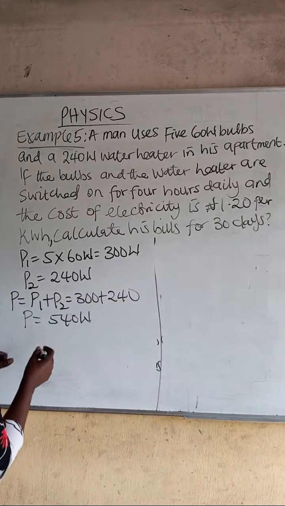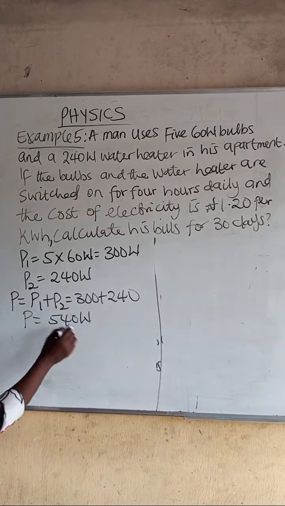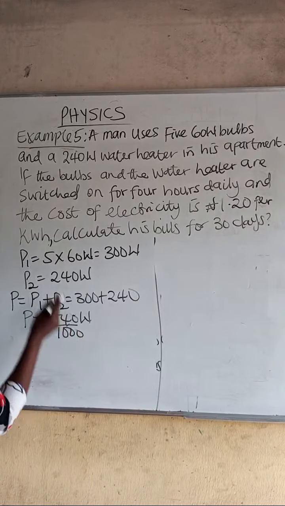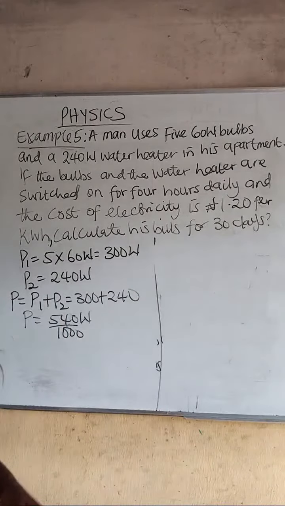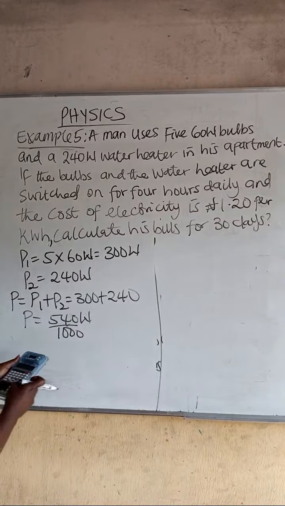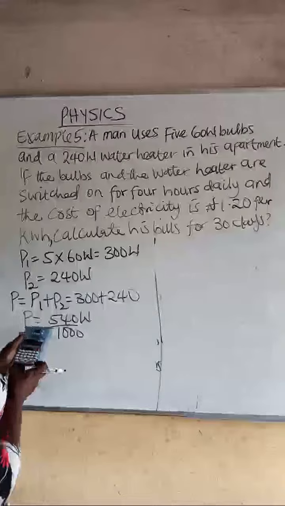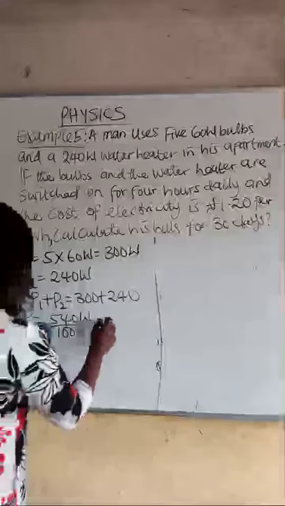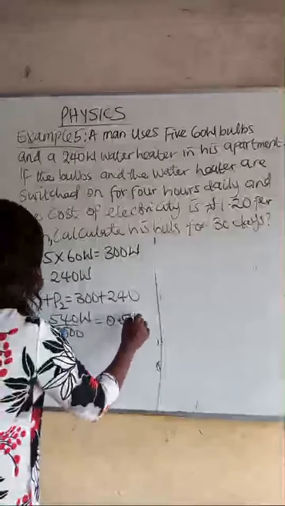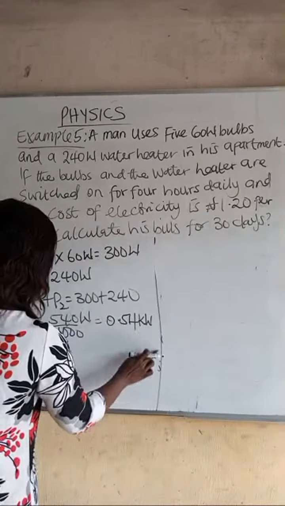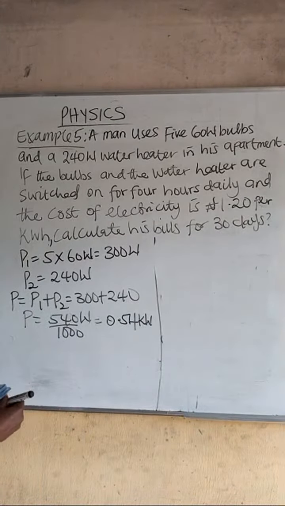Now, if I convert this to kilowatts, I'm going to divide by 1000. So 540 divided by 1000, then I have 0.54 kilowatts, right? Okay.